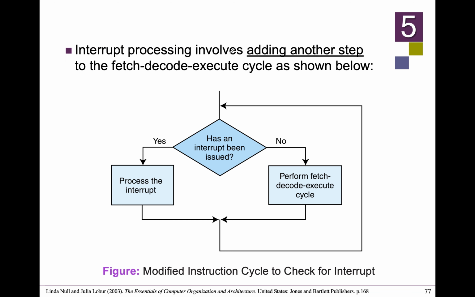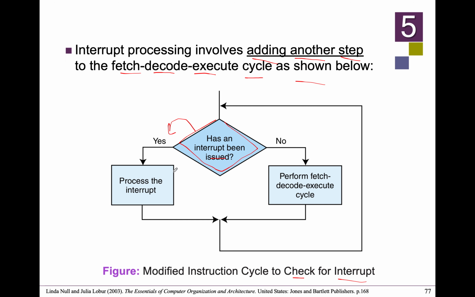What happens under the modified instruction cycle to check for interrupt? Interrupt processing involves adding another step to the fetch, decode, execute cycle as below. So there will be an option: has an interrupt been issued or not?